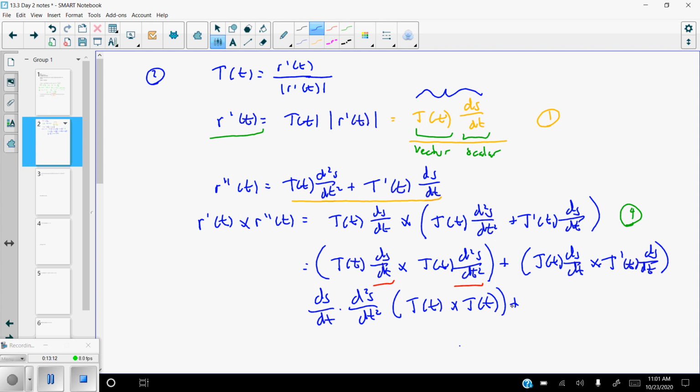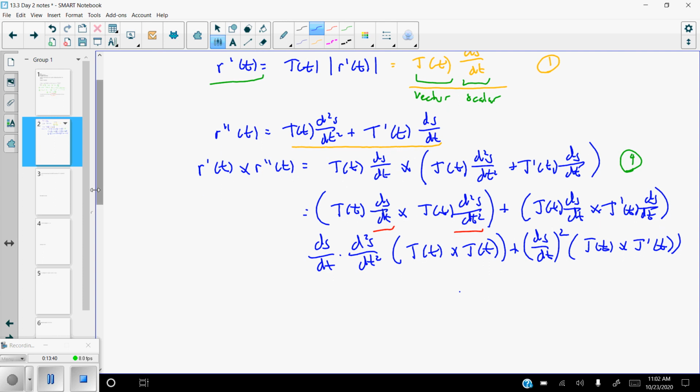And in the second parentheses, I've got 2 ds dt's, so I'm going to pull those out and multiply them together. So ds over dt times itself is ds over dt squared, not to be confused with the d squared s over dt squared, because that's a second derivative. This is the first derivative squared, not the second derivative. And then that's going to leave us with T of t cross T prime of t.